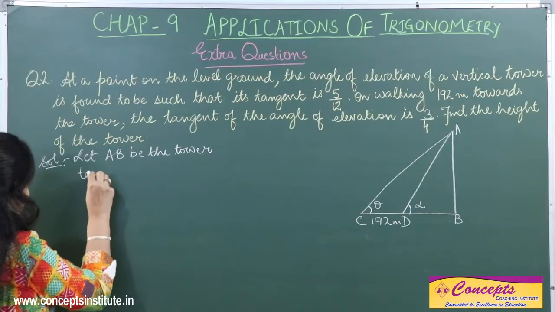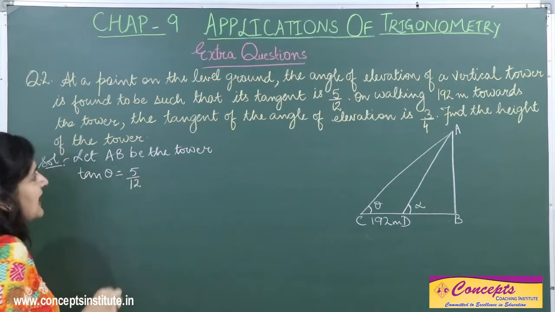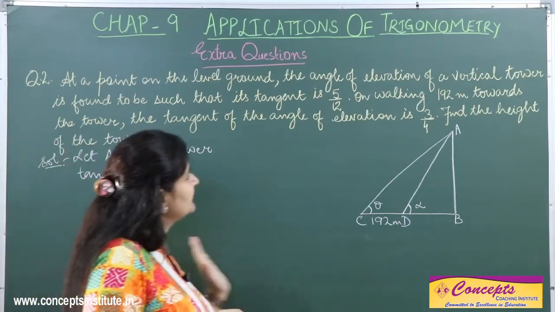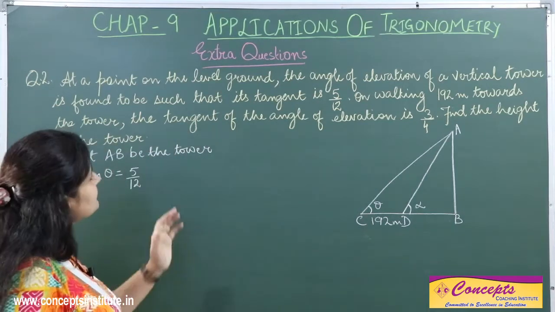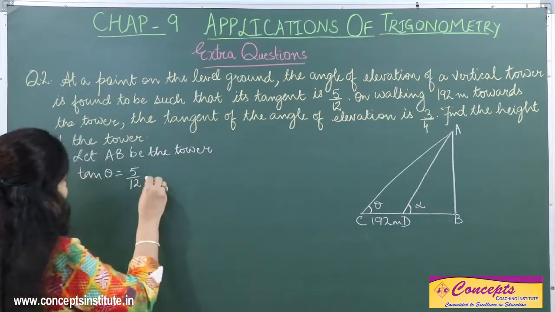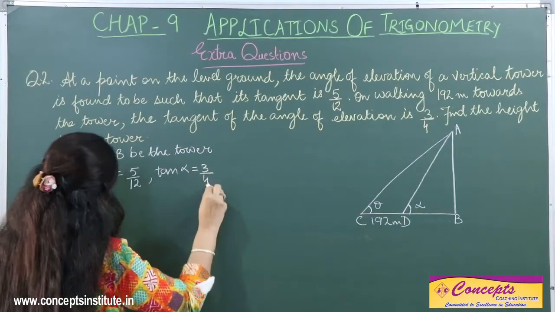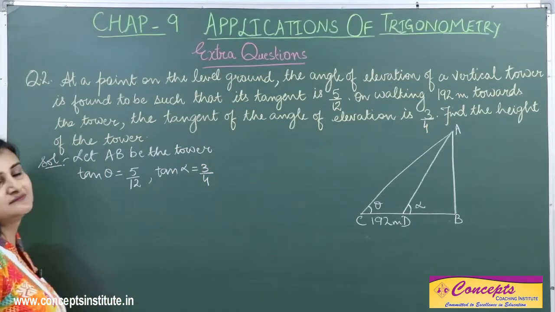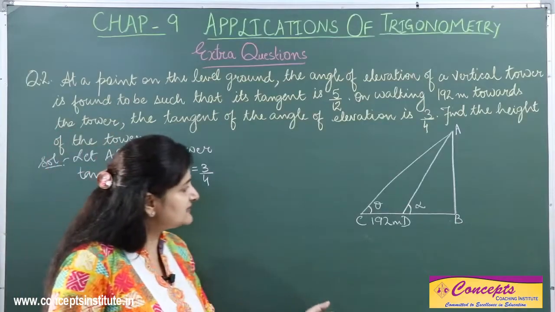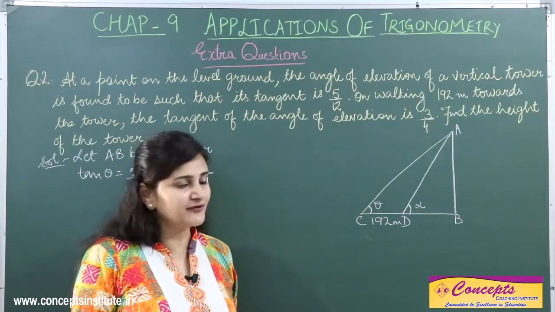So it is given to me that tan theta is 5 upon 12, and on walking 192 meters towards the tower, the tangent of the angle of elevation is 3 upon 4. So that means it is given to me that tan alpha is 3 upon 4. So this was the only clue in this. Right? So we have tan theta as 5 upon 12 and tan alpha as 3 upon 4.